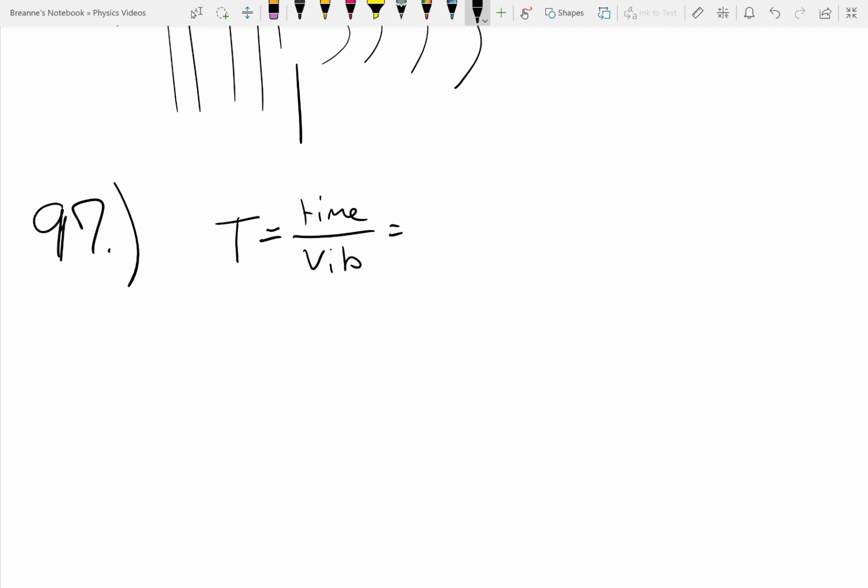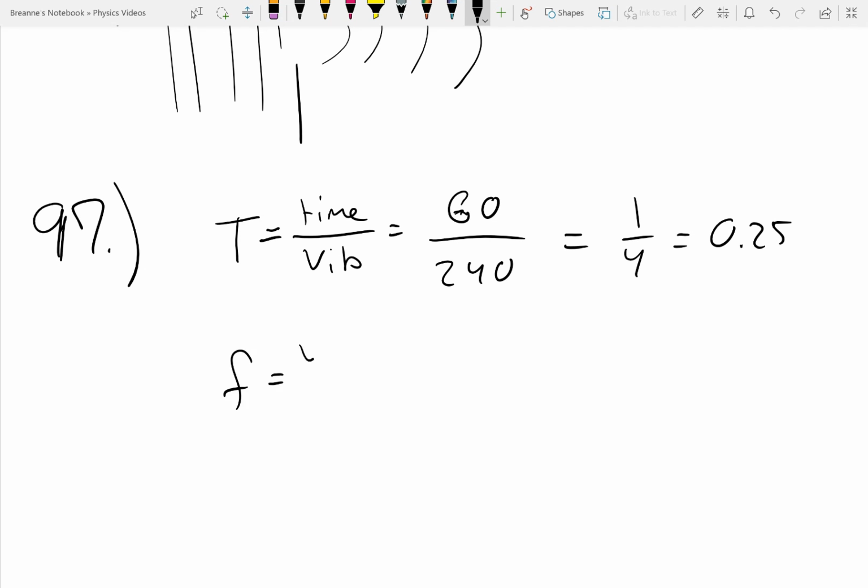Your time you want in seconds, so 1 minute is 60 seconds over 240, which gets you 1/4 or 0.25. Your frequency is flipped, so that's vibrations over time, 240 over 60. That gets you 4 hertz.